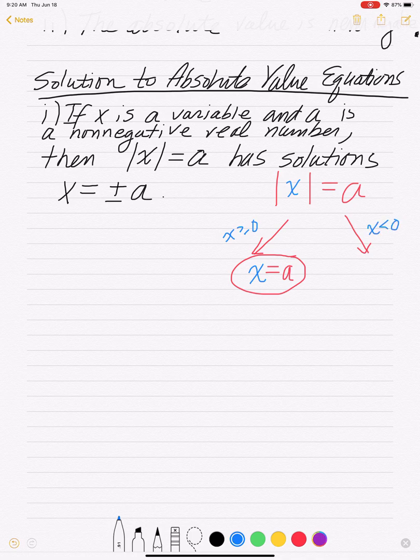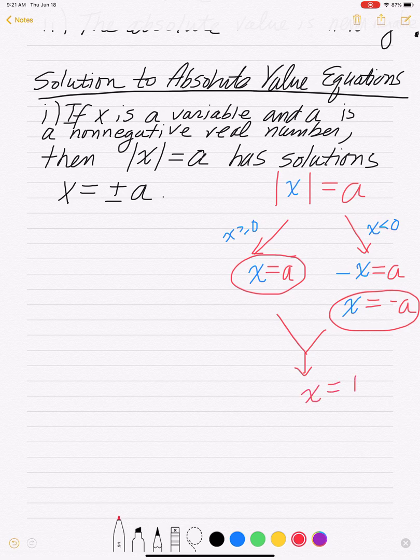Well, in that case, you have opposite of x equals a, right, according to the definition. And then you would multiply both sides by -1. You get x equals minus a. So there are your two solutions. If you want to put them together into one solution, it would simply be x equals plus minus a.